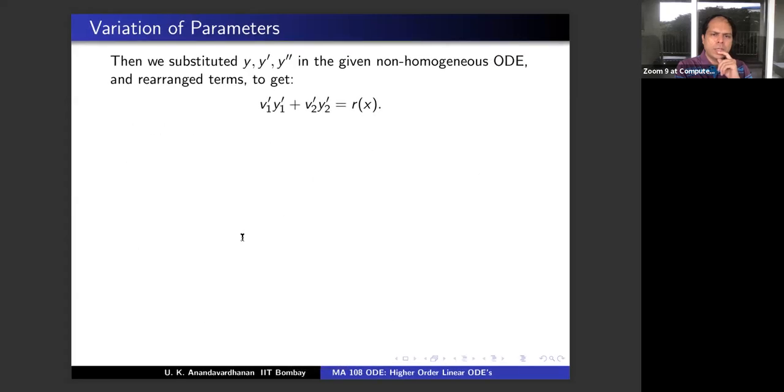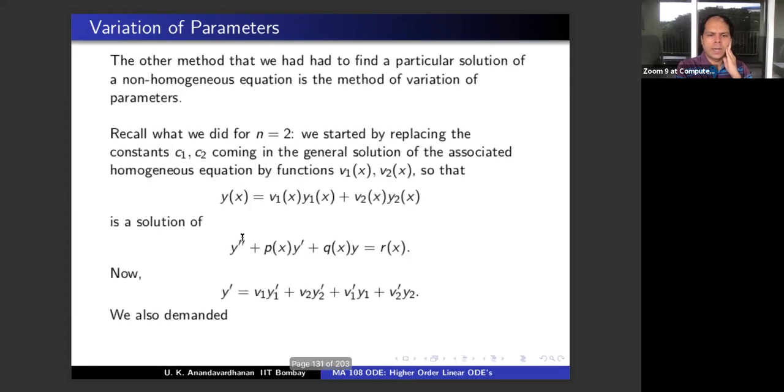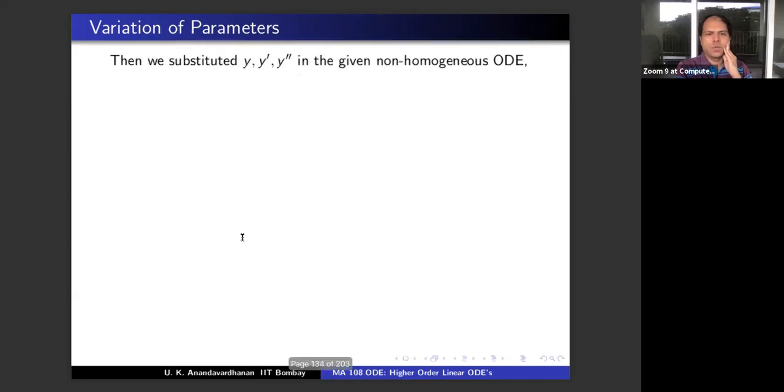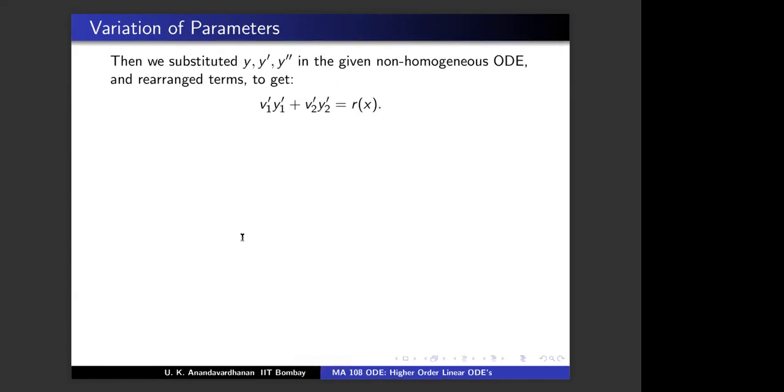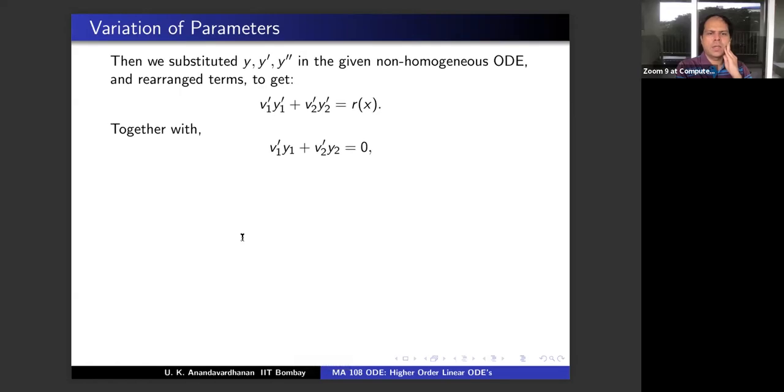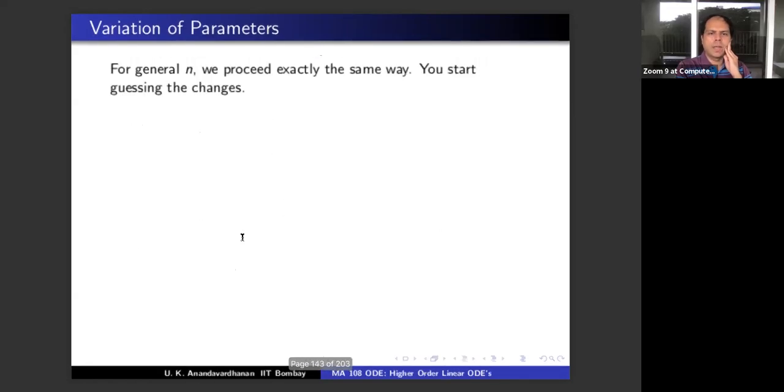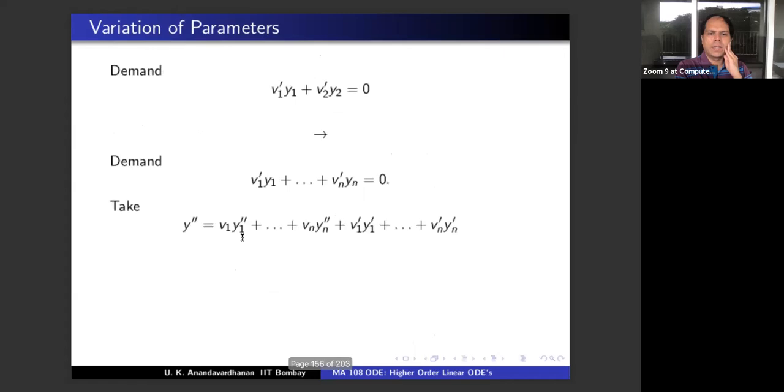When you do this, you got v1 prime y1 prime plus v2 prime y2 prime equal to r x. And here you had y1, y2. Correct, you are right. So you started with y1, y2, and then you got this term and you put this together.